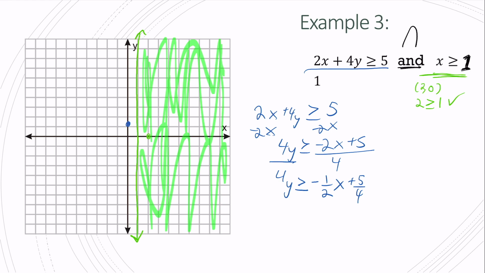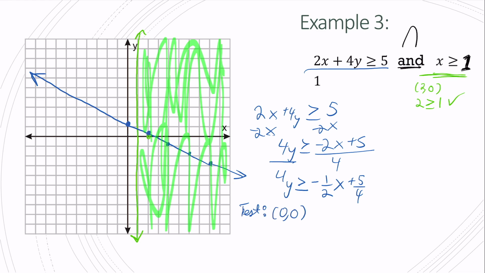And my slope is negative 1/2. So I'm going to go down 1 over 2, down 1 over 2. I can do that as much as I want. And I'm going to connect that with a solid line because it's greater than or equal to. That means that all the points on the line are included in my solution set. And I can pick my test point to figure out how to shade.